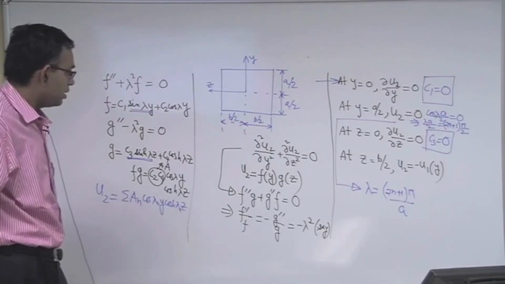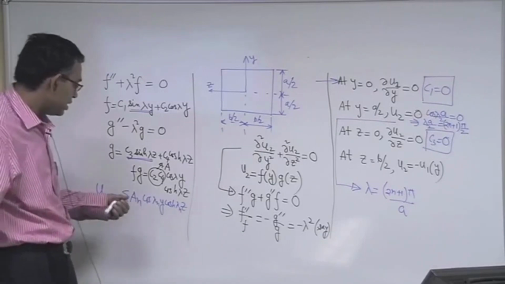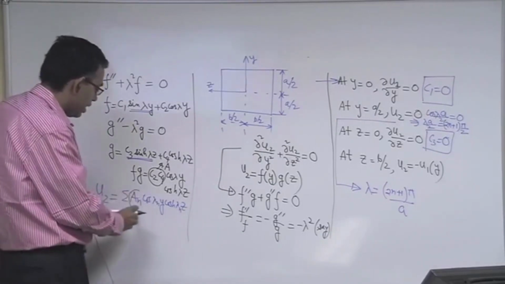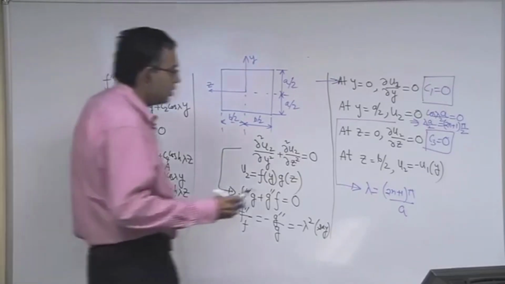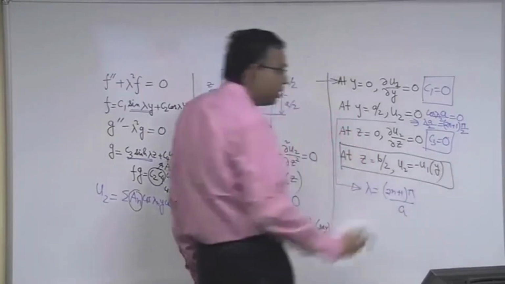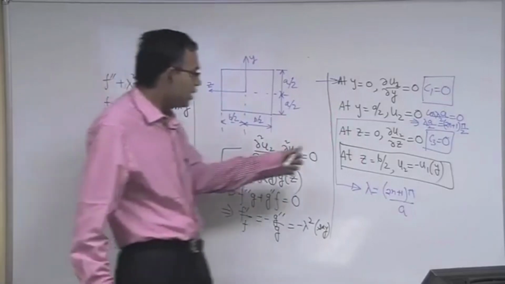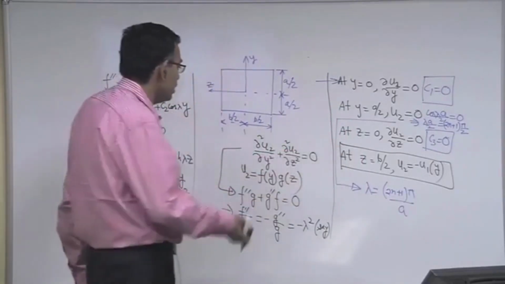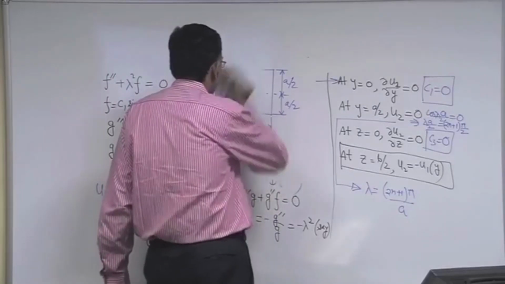So, then the only task that remains is the determination of a n, and the only condition that remains to be used is the fourth boundary condition. So, we will try to make use of the fourth boundary condition for determining a n.